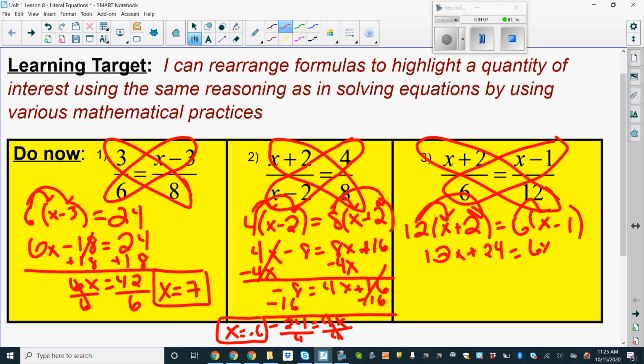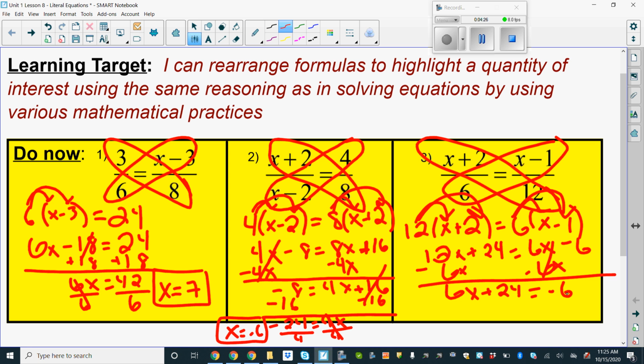So this is 6x, and 6 times a negative 1 is a negative 6. Minus 6x on both sides. And I'm left with 6x plus 24 equals negative 6.